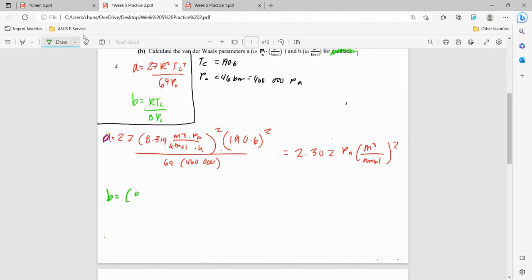B is equal to 8.314 kilopascals meters cubed per Kelvin, that's 190.6 Kelvin. And let's use kilopascals. So this is 46.